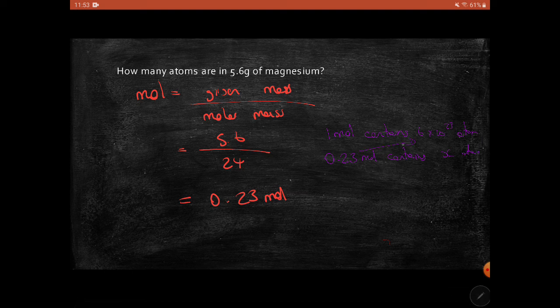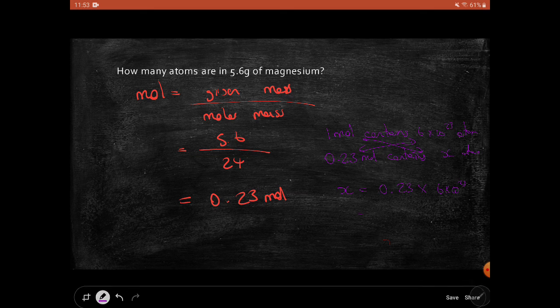We would cross multiply and X would be equal to 0.23 times 6 times 10 to the 23. The final answer would be 1.38 times 10 to the 23 atoms.